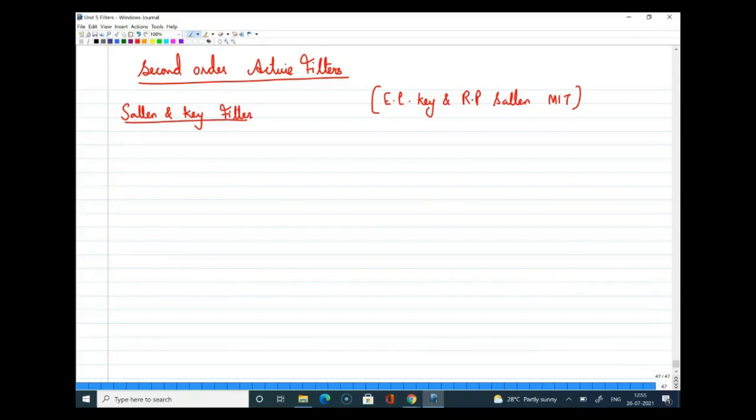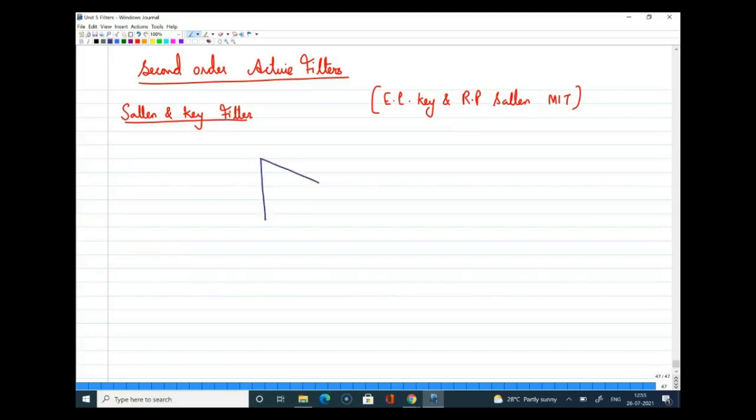I'm not going to develop the architecture because that is available in the paper by Salen and Key. I'm just presenting you the final structure so that we can put components into it and make use of the architecture for different types of responses. Since it is an active filter, we'll be using an active block, and the active block is nothing but an op-amp.